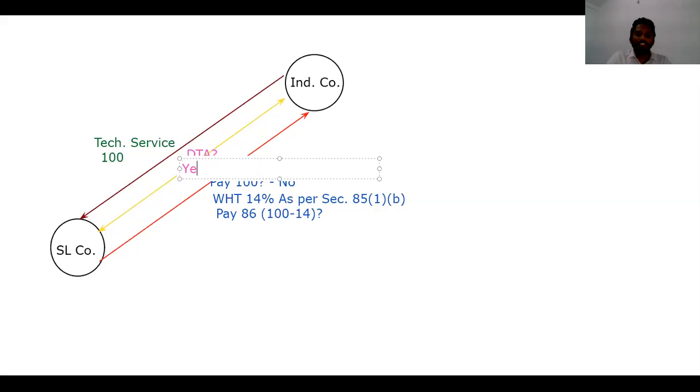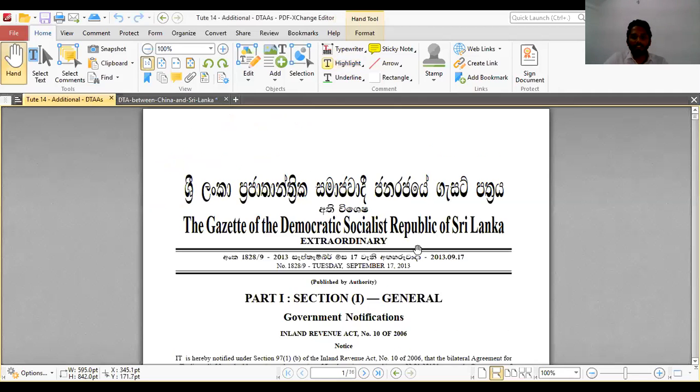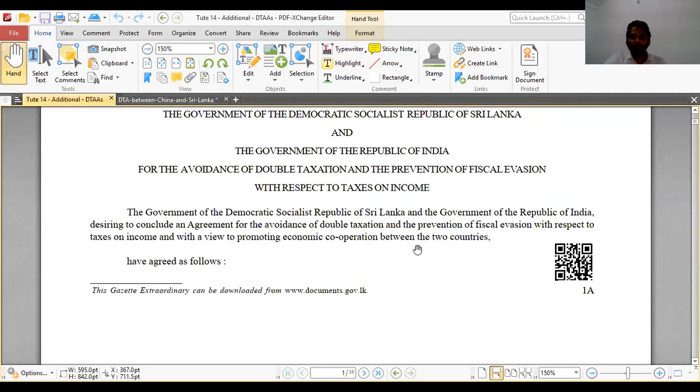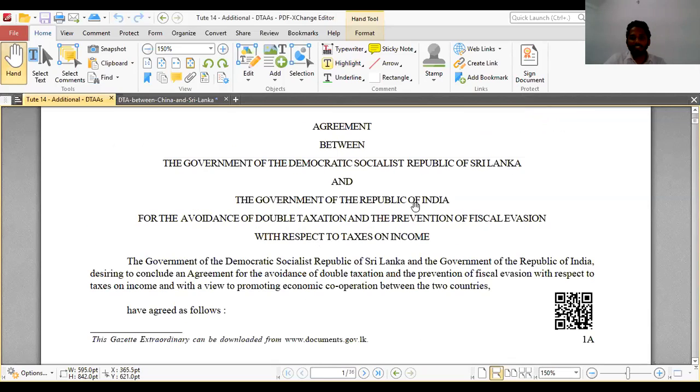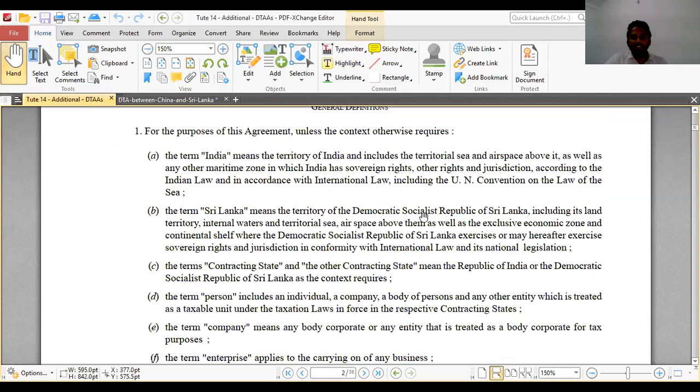Here, we know there is a DTA with India. Since we have a DTA, we need to go with the DTA. You go to the India DTA and find the relevant article. This is the India DTA.